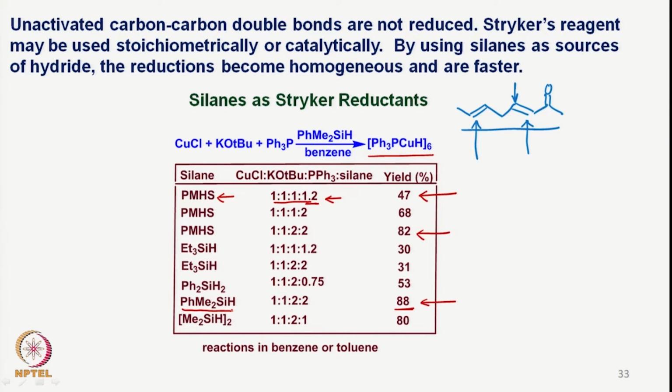So there are several possibilities of this type where you can use different silane based reducing agents, where instead of using molecular hydrogen, one can use these and form the corresponding Stryker's reagent. So it is very clear that we can take a catalytic amount of this and also use any one of these silanes as stoichiometric reagents, and these reactions are generally performed in benzene or toluene, and they allow reductions to take place in a conjugated fashion.